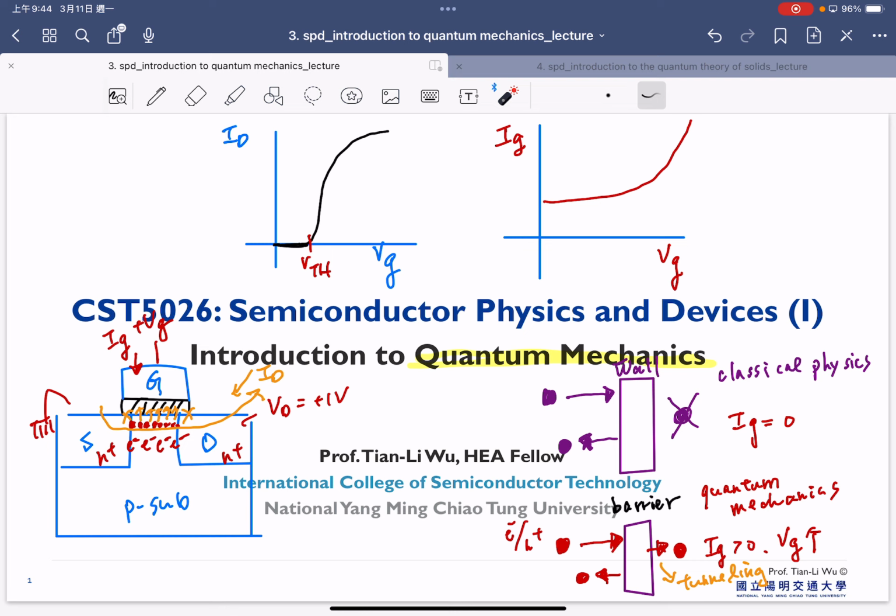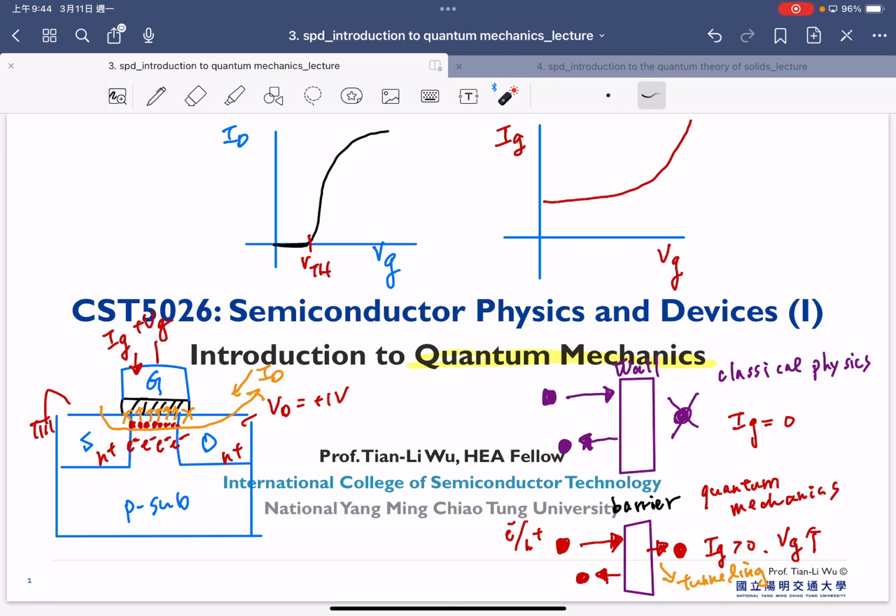That's why we need to understand quantum mechanics. That's already the conclusion. The rest of the class is mainly about the equations to prove this phenomenon, and what other scenarios we need to understand.